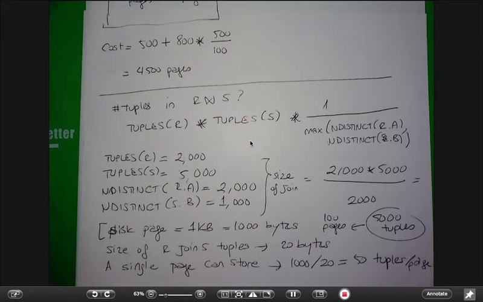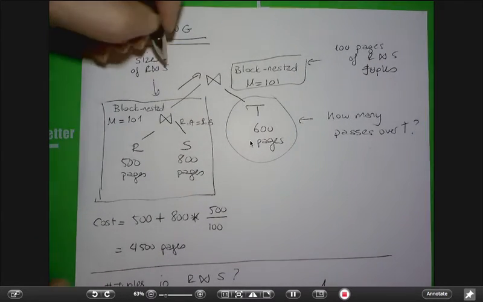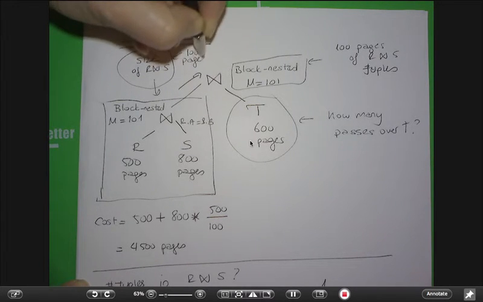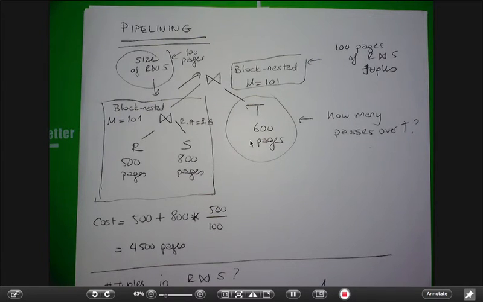All right, so now let's go back to our join. We have now found out that this is actually 100 pages. Okay, through a lot of math. And to compute that join, I actually have to read 4,500 pages. Now, what I can do at this point is put this 100 pages that's coming out of this join in the 100 blocks for nested loop join.